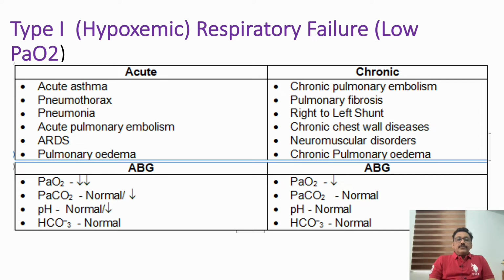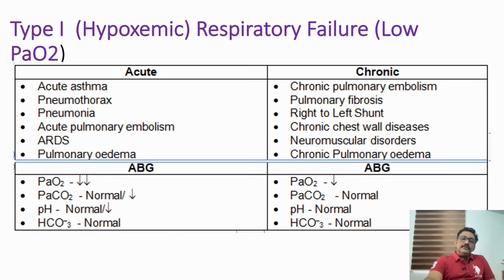But after some time you can see the patient slowly develops carbon dioxide build-up, especially in conditions like chronic asthma. Asthma can present acutely, and in 1 or 2 days it can subside in some patients. In some patients it can even persist for 5-6 days. In that condition you can see the carbon dioxide level slowly builds up. Then it will become type 2 respiratory failure.